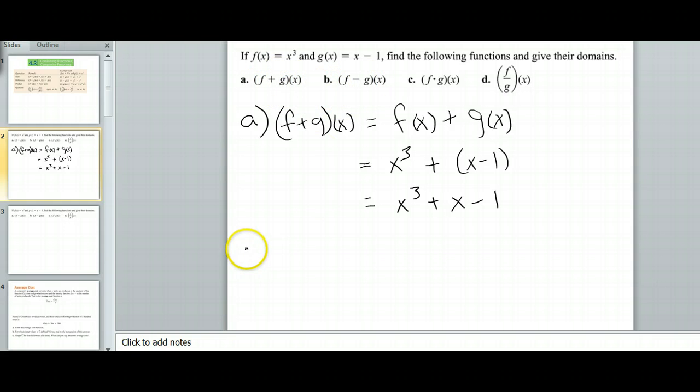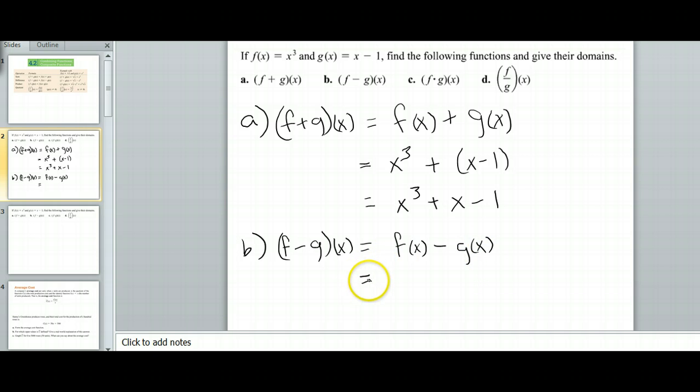Now I'm going to do it with subtraction. And notice here when I do subtraction, we have to distribute a negative through. Okay, anytime that your second function has something other than just a single term, if it has two terms, three terms or more, you have to remember to distribute that negative through. So minus x minus 1. And so this negative is going to come through here, get distributed through, and we get x cubed minus x, but minus a minus is plus 1.